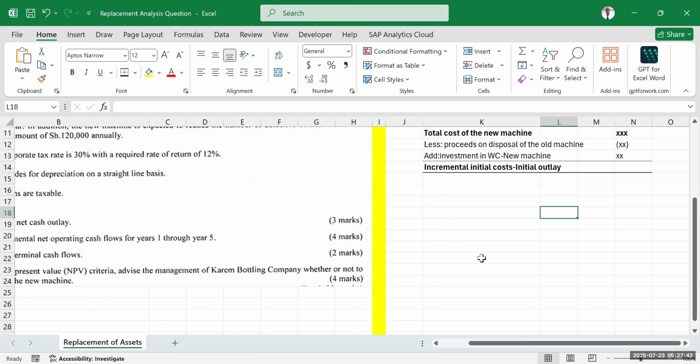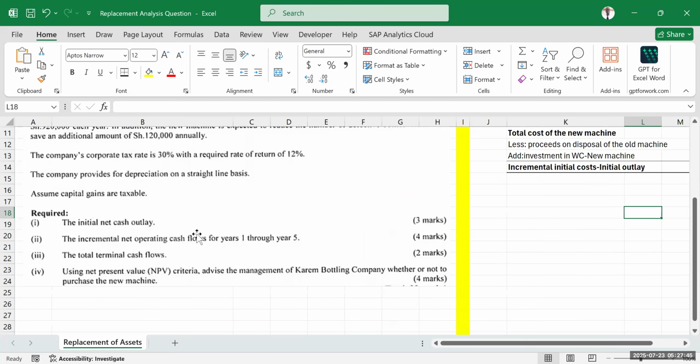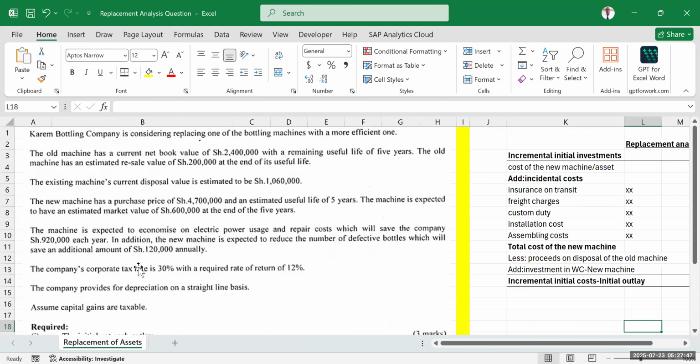This new machine that you're buying, in this our question here, you see they were telling us that the new machine will have an estimated useful life of 5 years. And the machine is expected to have an estimated market value of 600 at the end of the 5 years. So you will still have to dispose of this new machine when its useful life expires.